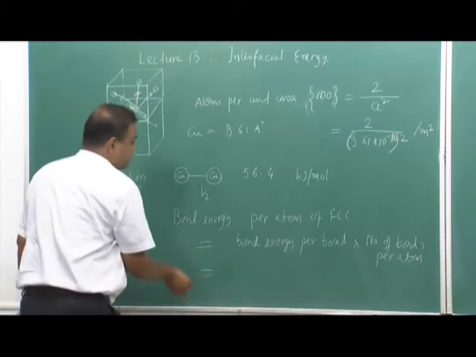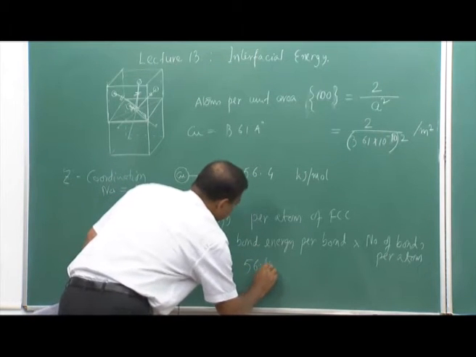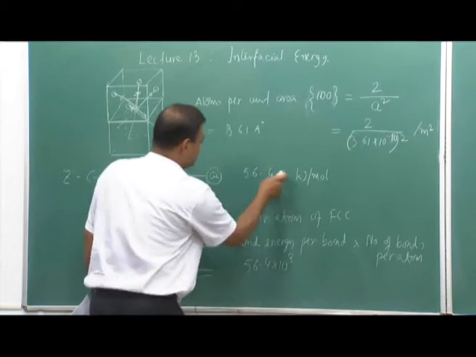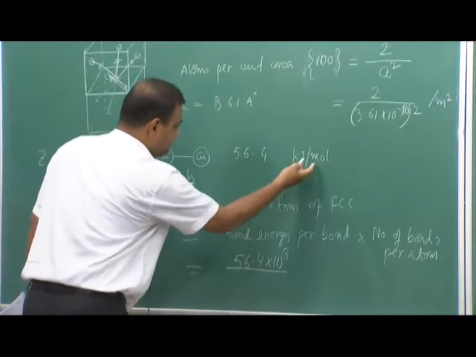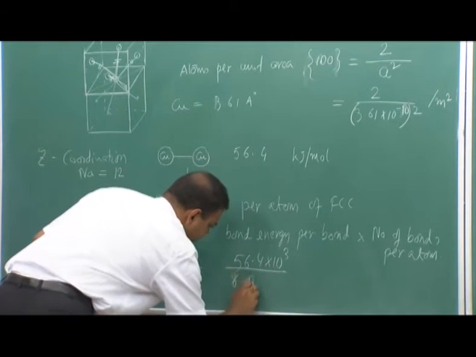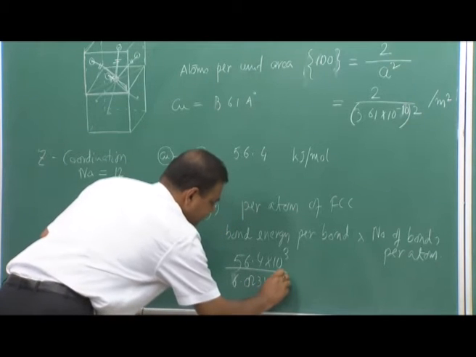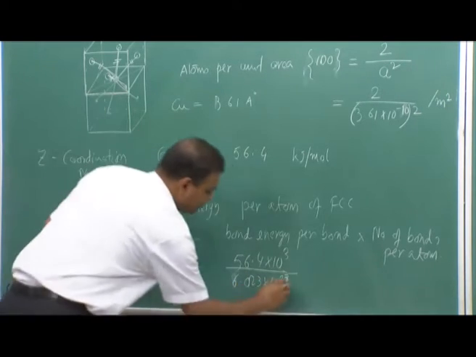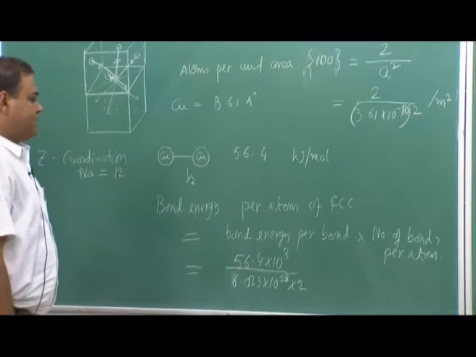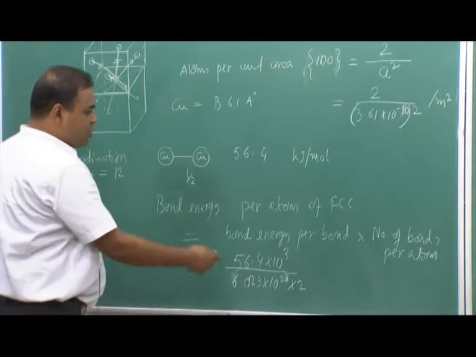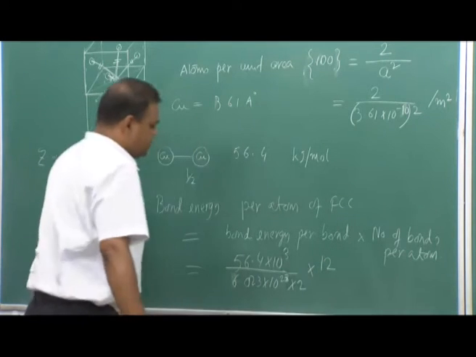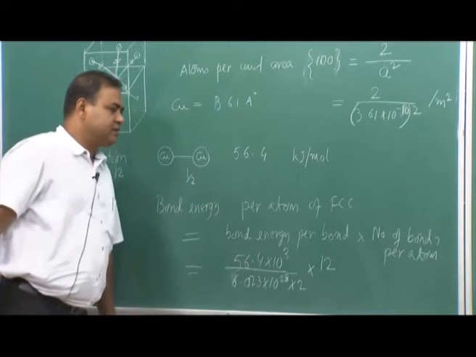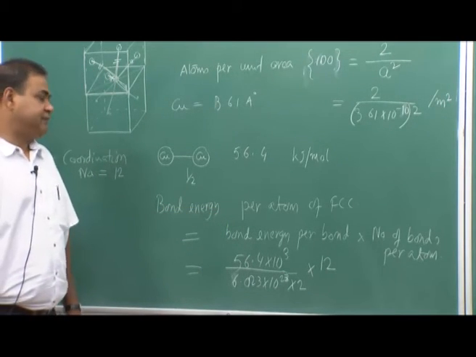So, this becomes 56.4 into 10 to the power 3 joule per mole, divided by 6.023 into 10 to the power 23, which comes because it is the Avogadro number, and each bond is shared between 2 atoms, so this half term is coming, and the number of bonds per atom is 12. So, this is the number we get. Now, we know the bond energy per atom of FCC.